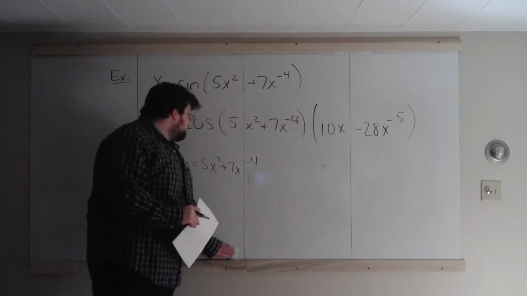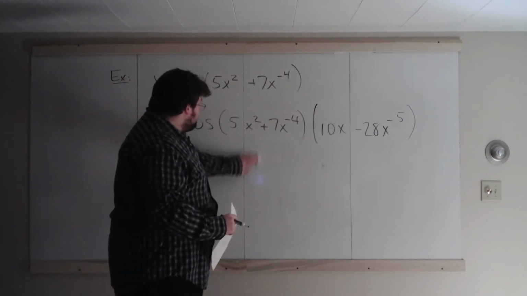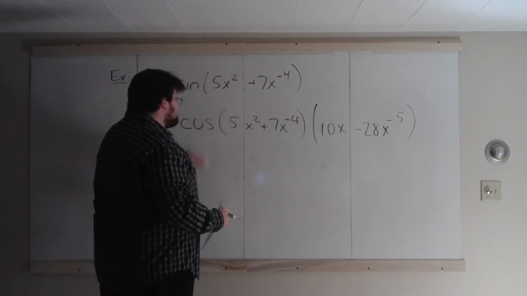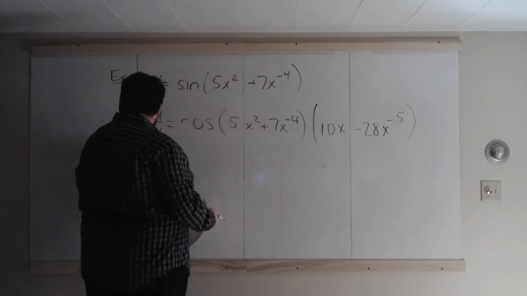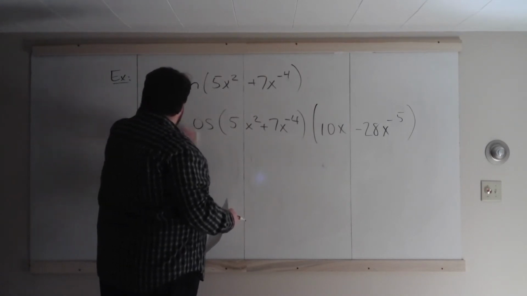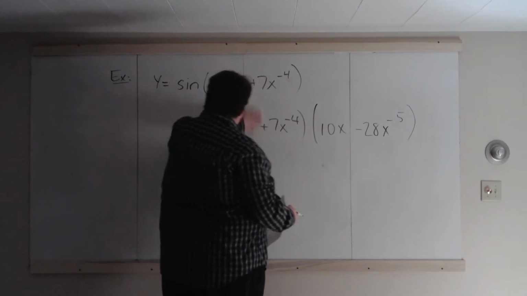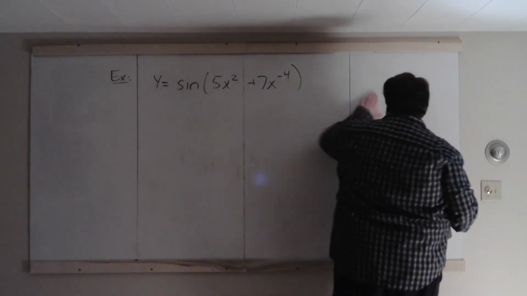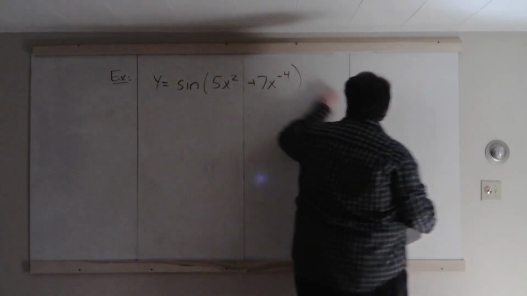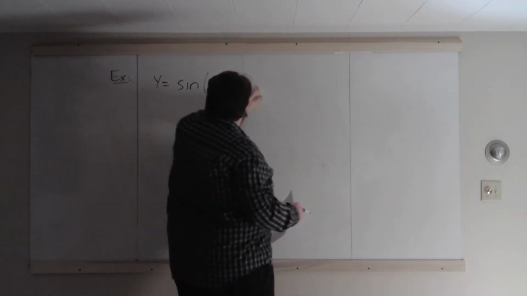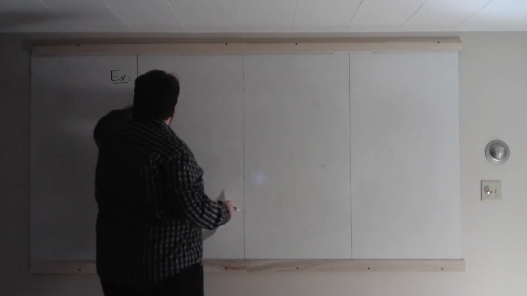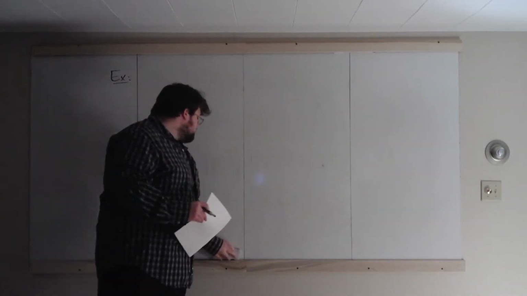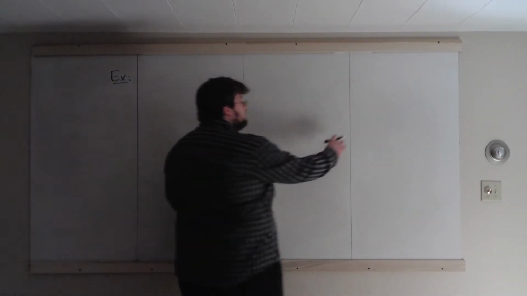You'd get y equals sine of u, dy du is cosine of u, du dx is 10x minus 28x to the negative fifth. So dy dx is those two multiplied together with the x's substituted back in for u. Notice when I said there du dx was whatever it was, I looked over here.